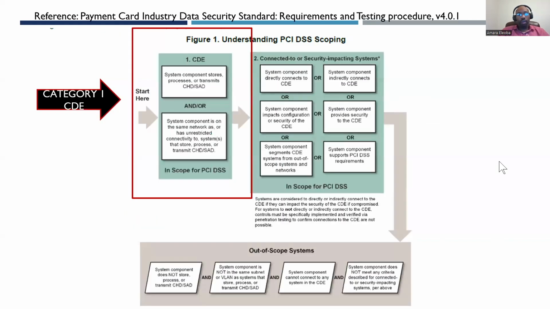All right, now we'll be going over understanding PCI DSS scoping. You can see the highlighted area, we will consider that category 1. In the category 1 section, we have what we call the CDE.